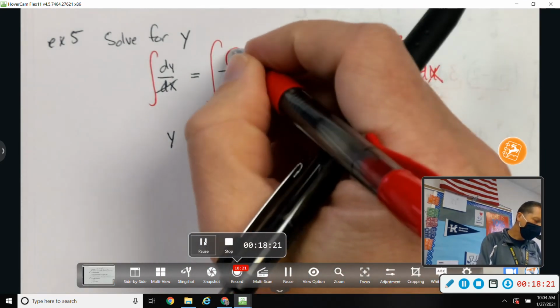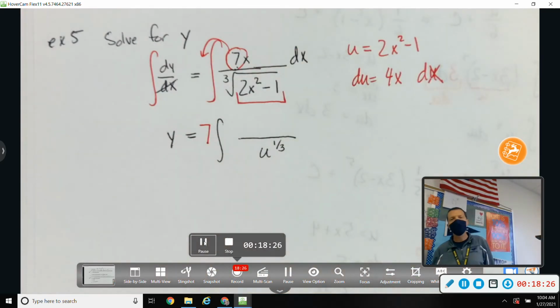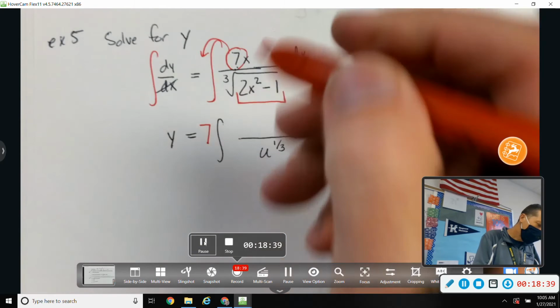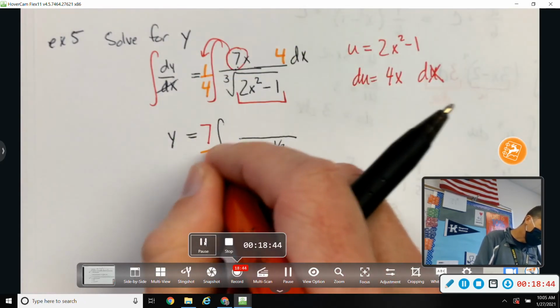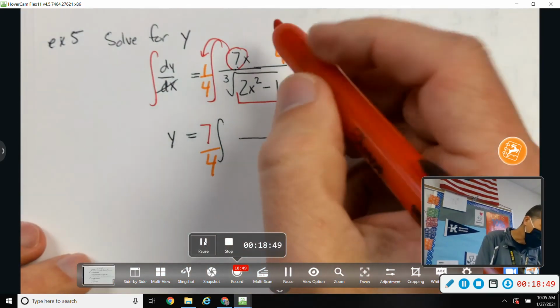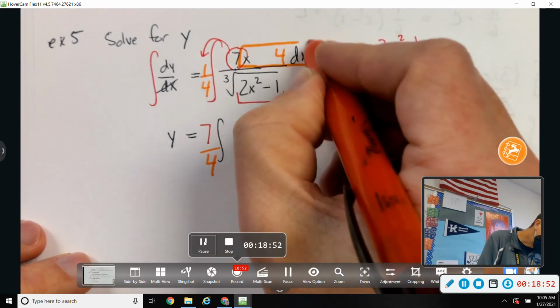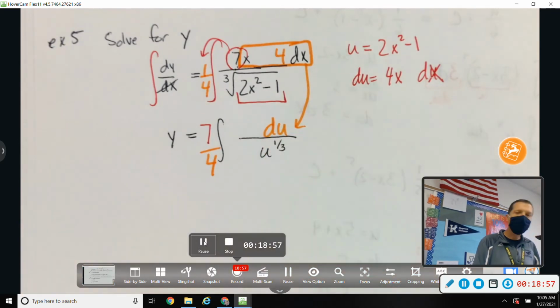I'm just going to take the 7 out front. I don't want to deal with that. If it's just a number, slide it out front. What number would I like there instead to make this work? A 4. So let's put a 4 there. Of course, that means we need a 4 in the bottom out front. Should be more careful about where my circles went, but 4x dx is du.